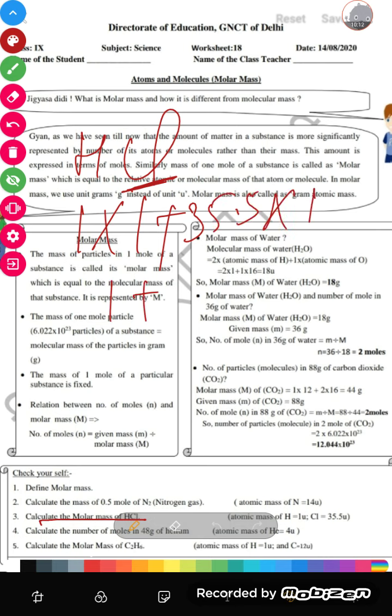So 1 plus 35.5 is equal to 36.5. This is your molar mass. Okay.